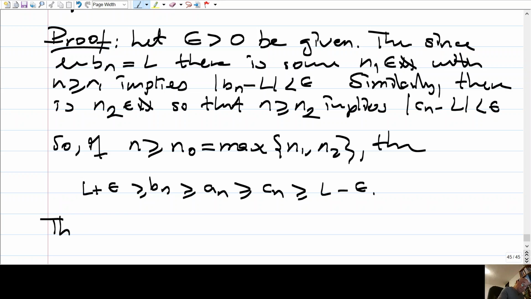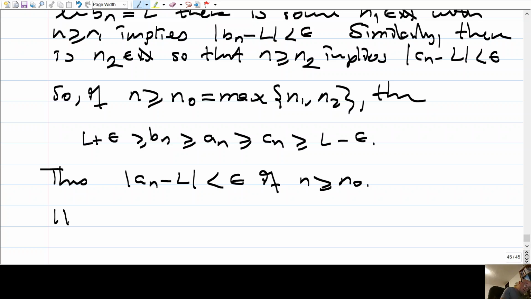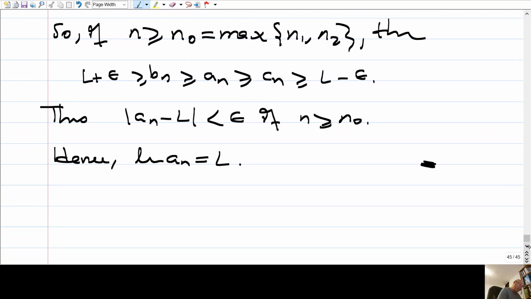Thus An minus L is less than epsilon if n greater than n0, and hence limit of An is equal to L. Okay, and this finishes the proof. So this proves one direction.